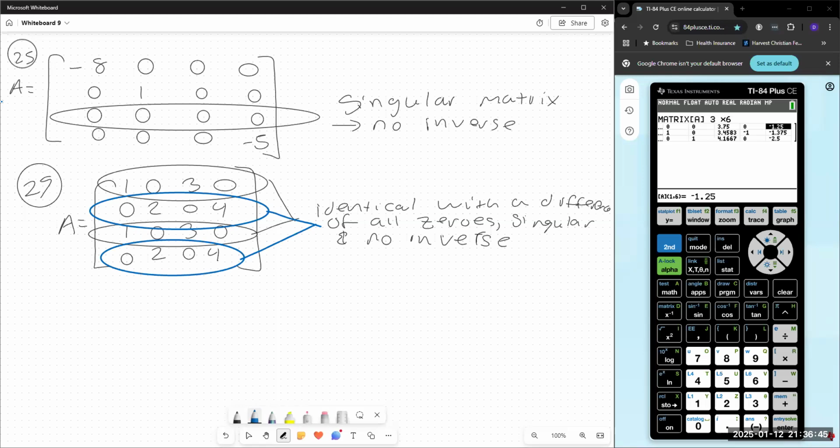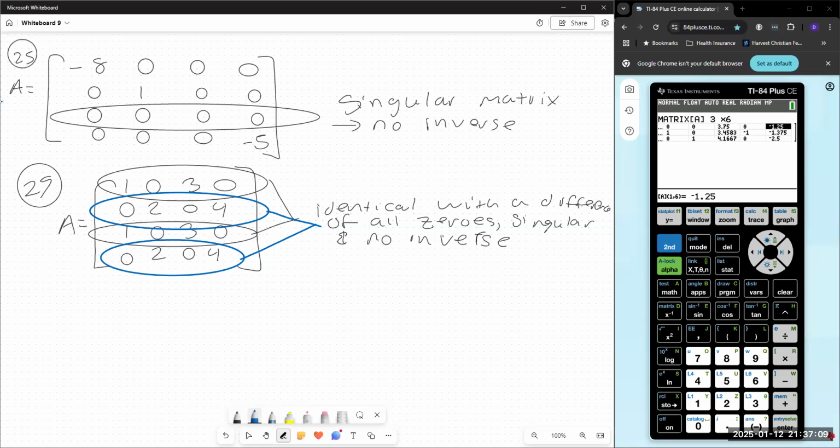Okay. You can also see from what I was saying that if I have any column that is a constant multiple of another column, so column 3 is 3 times column 1, column 4 is 2 times column 2, I have row 1 and 3 are identical.